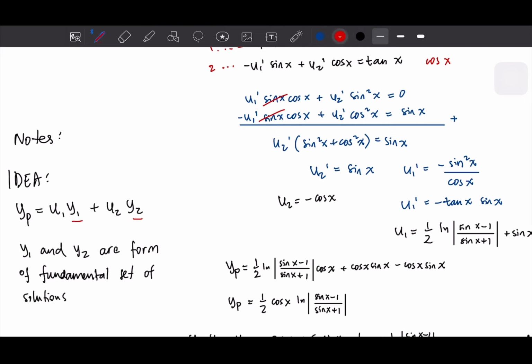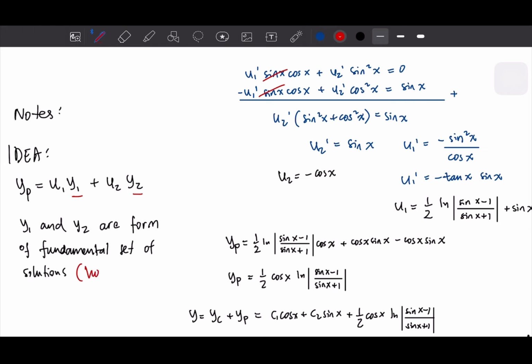I think it's easier to follow. So first we propose to solve the solution. We take y1 and y2 from our homogeneous form, from the fundamental set of solutions, and then we can solve through our linear method, elimination, substitution. But it seems still rough.